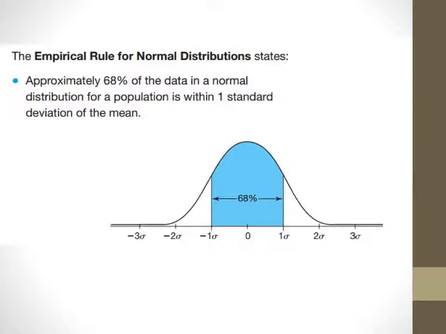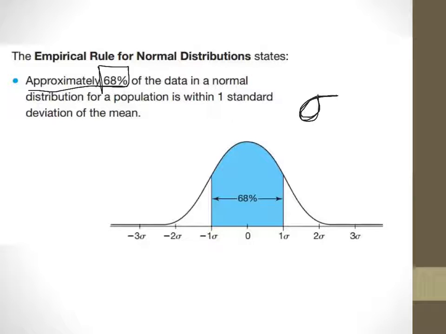Alright, so last time we talked about this thing called standard deviation, and it was labeled with what we call a sigma. This is a lowercase sigma, and part of the empirical rule talks about your standard deviations. So the first part you need to know is that approximately 68%, that's an important number to remember, of the data in a normal distribution is within one standard deviation of the mean.